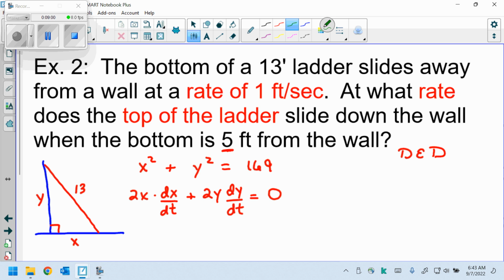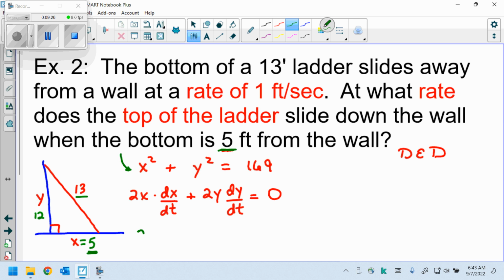we know the bottom of the ladder is 5 feet from the wall. Well, I could use this equation right here. If I know x and I know 13, can I figure out y? Or maybe I recognize a Pythagorean triple, where that's 5, this has got to be 12, if the hypotenuse is 13.